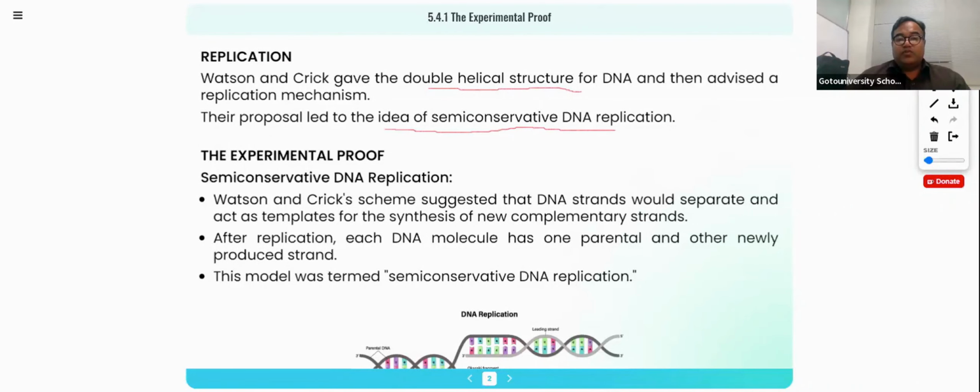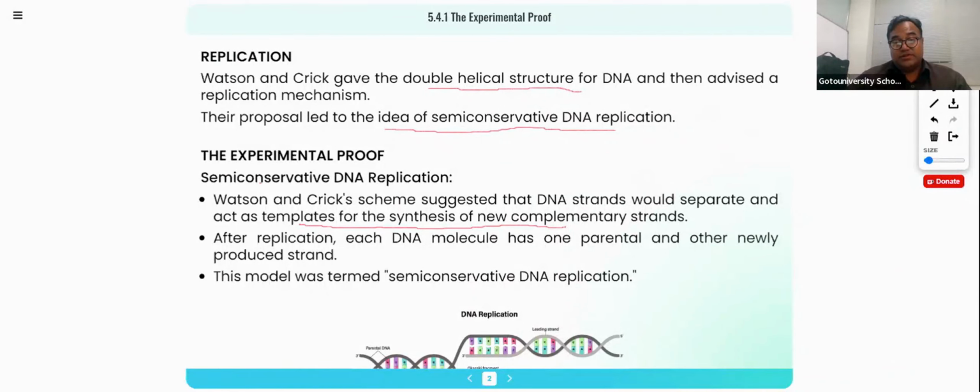We know very well the DNA strand separates and acts as a template for the synthesis of a new complementary strand. So the new complementary strand synthesis, which I just narrated before going to the session, is called the semi-conservative mode of DNA replication, right?